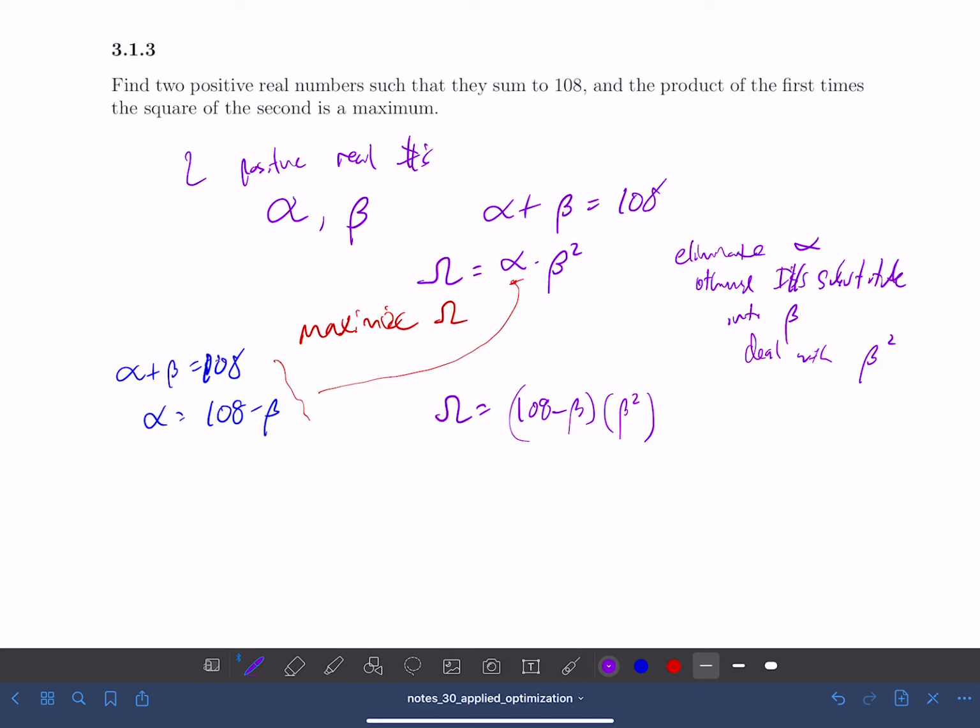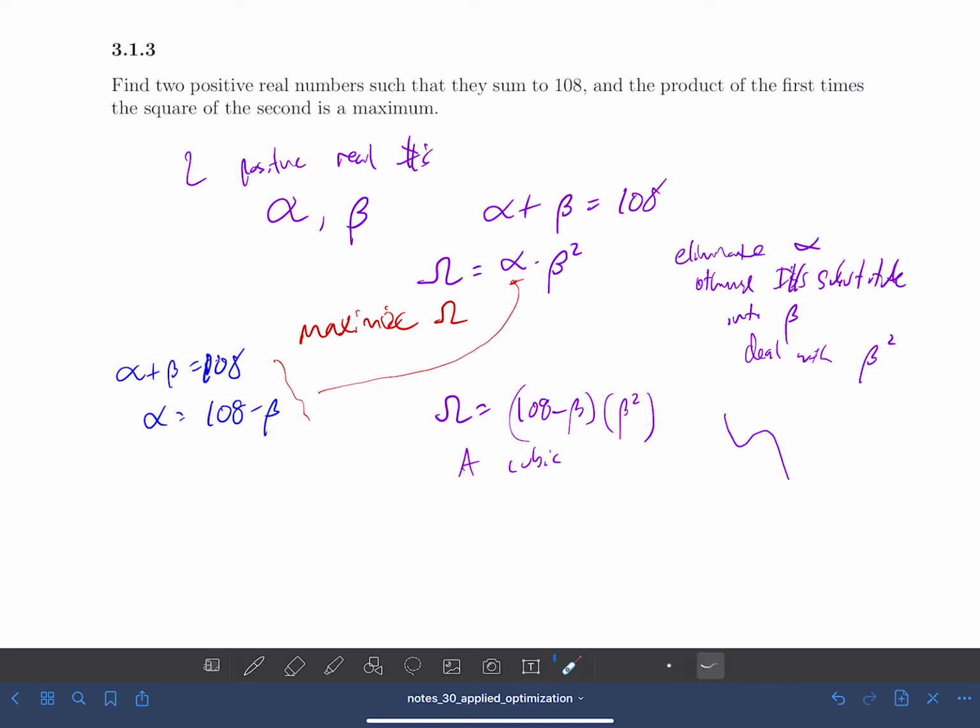This is a cubic, and it looks like that.